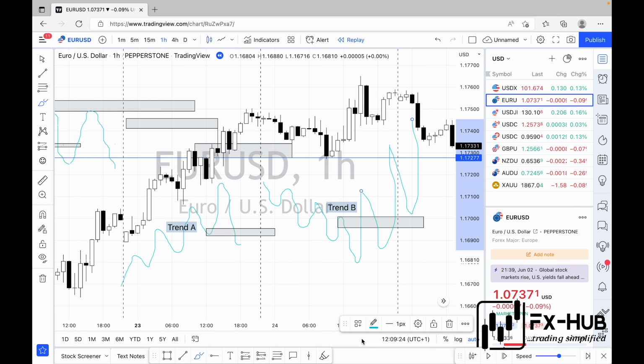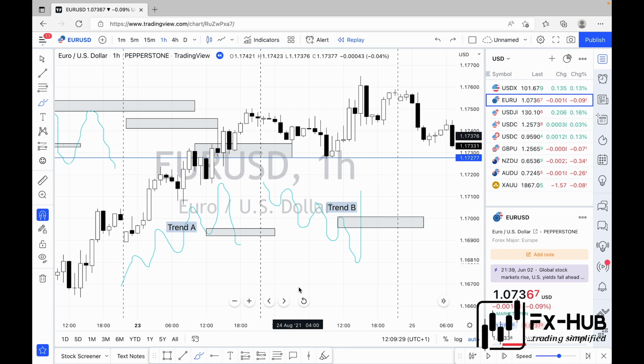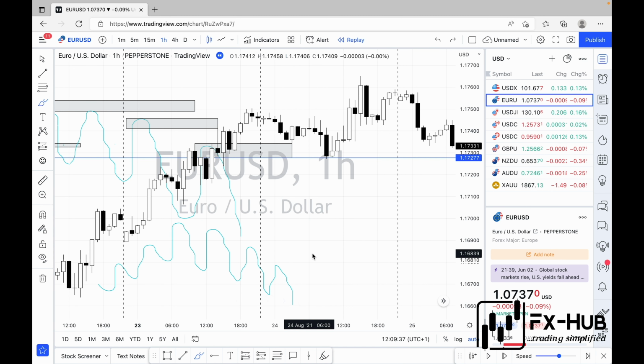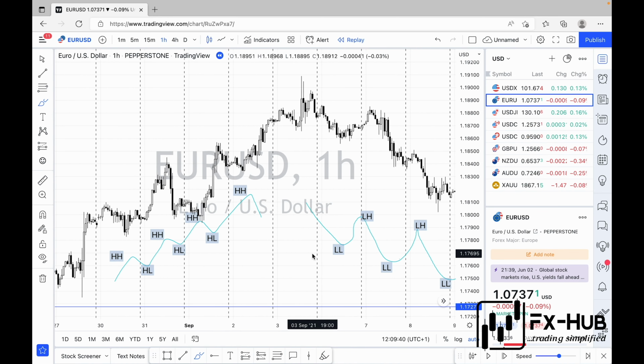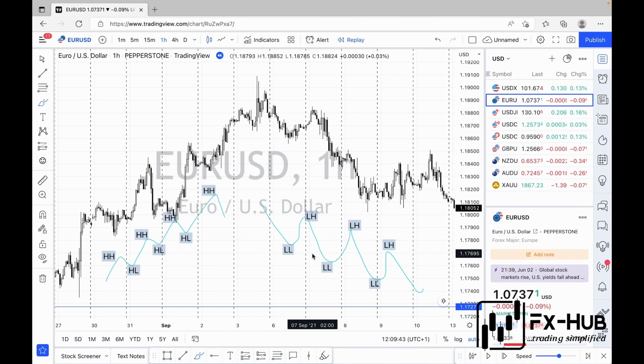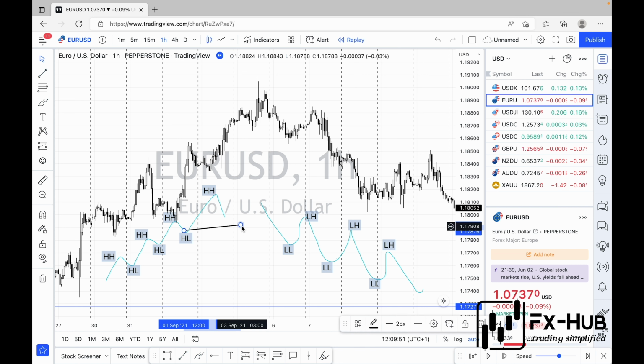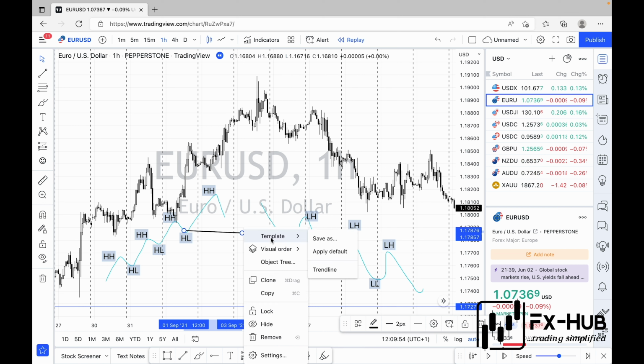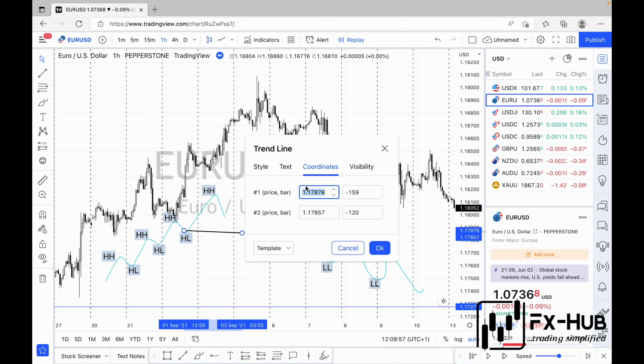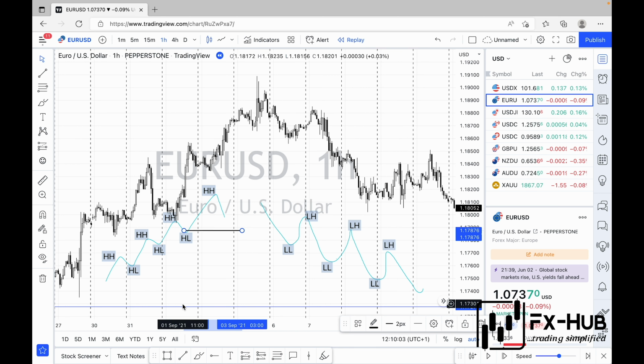Now, take note. Let me take all this off. We said there is a change of structure in a bullish trend when the market breaks below the higher low. Are you getting me? Let me put out the coordinates, so it's going to be a fine line drawn.